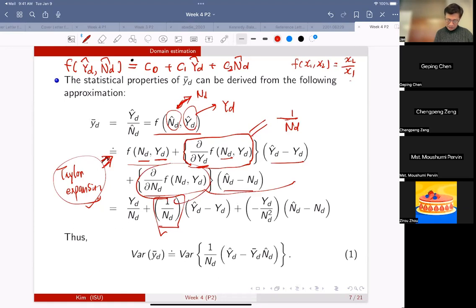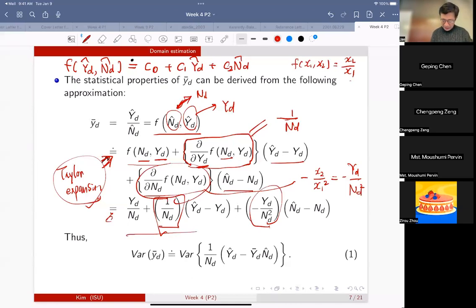In the same way, the derivative with respect to the first component is minus x2 divided by x1 squared, which is minus Y_d divided by N_d squared. That is how you get this linearization.